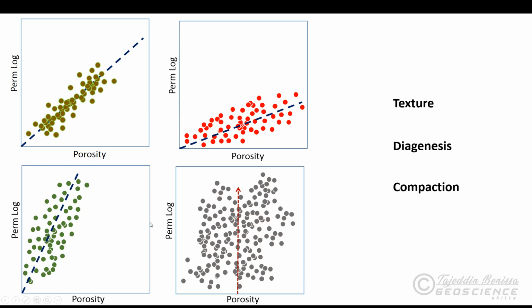So when the plot shows scattered patterns as we see here, it signifies that there is no possible correlation between porosity and permeability. So it can be noted that per porosity unit there is a significant increase in permeability by several orders of magnitude.